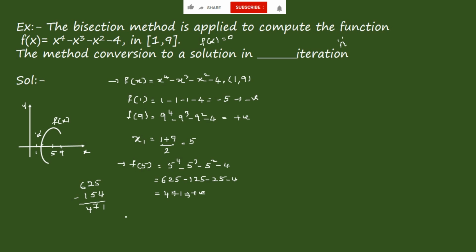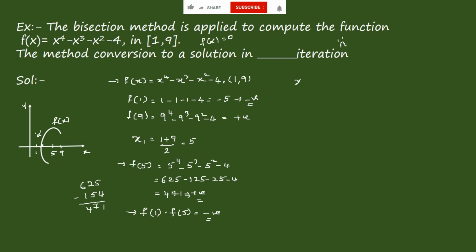Then we have to find the next value. In the next iteration, the root should be between 1 and 5, since f(1) is a negative value and f(5) is a positive value, so the product f(1) times f(5) will be negative.